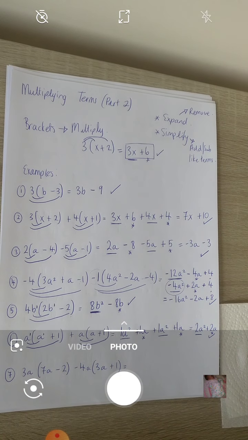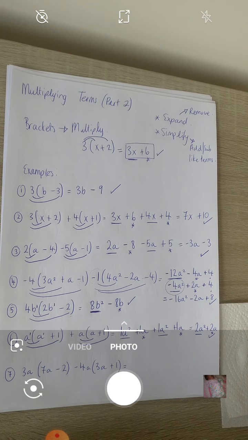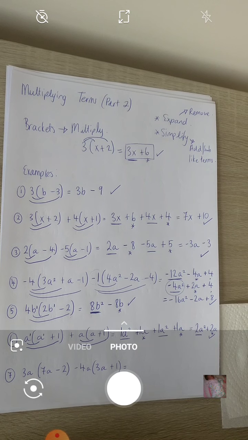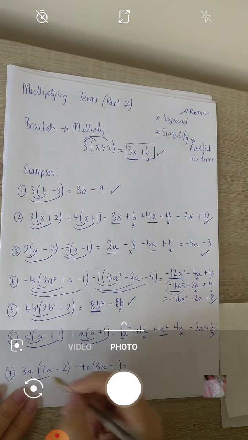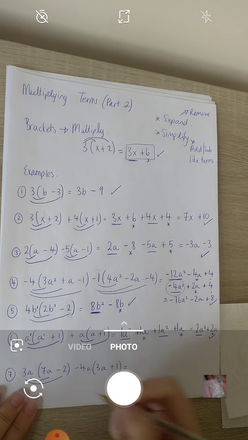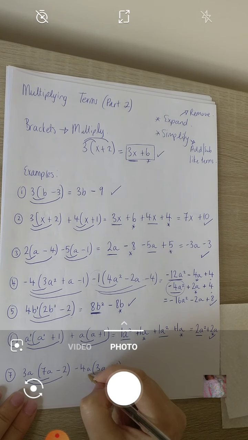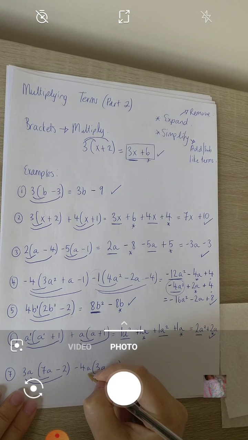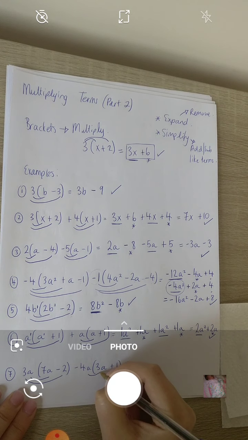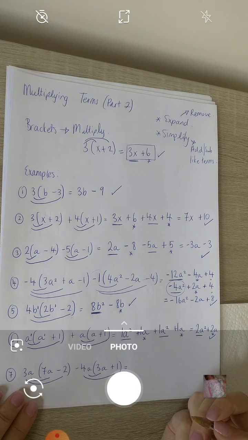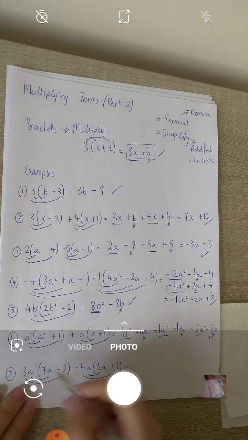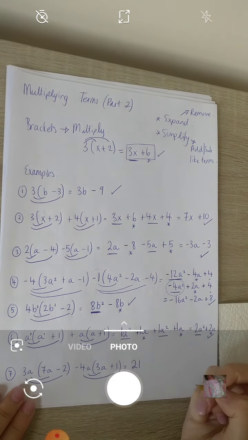Okay. And the last question here for this section, multiplying terms part 2. We have 3a by 7a, 3a by minus 2, minus 4a by 3a, and minus 4a by 1. So 3 by 7 is 21.